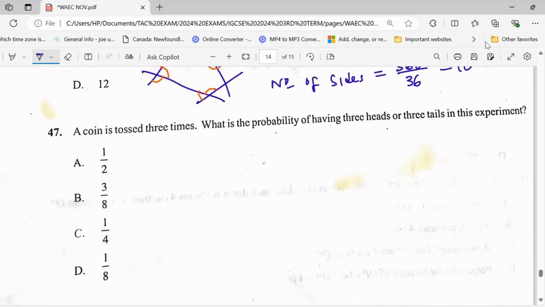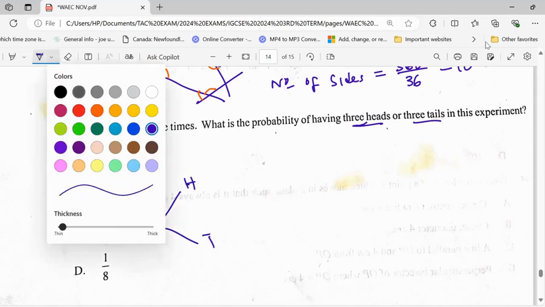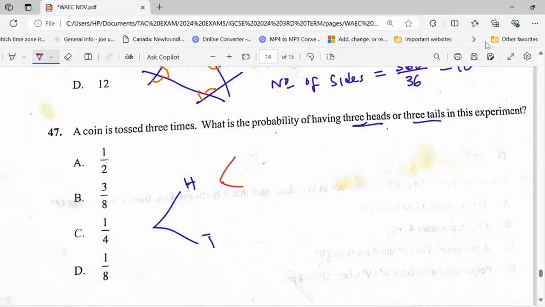Question 47 says, a coin is tossed 3 times. What is the probability of having 3 heads or 3 tails in this experiment? So let's look at it. If this is tossed once, we'll have head, tail. Now, if we do it again, we have head, tail.